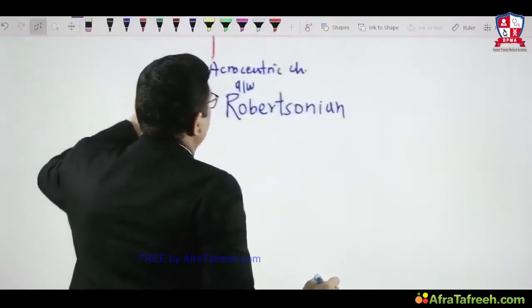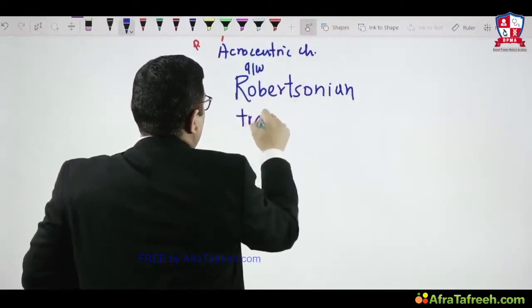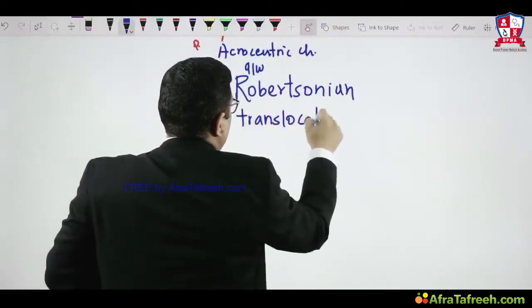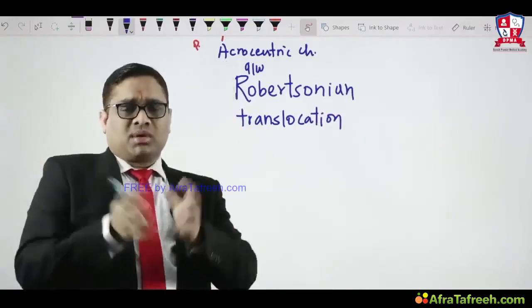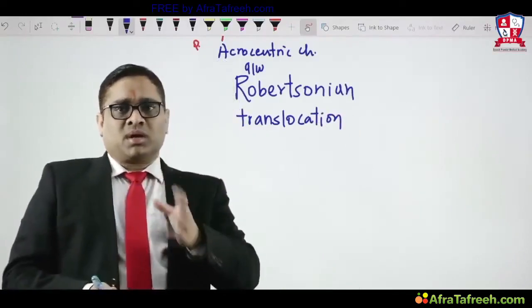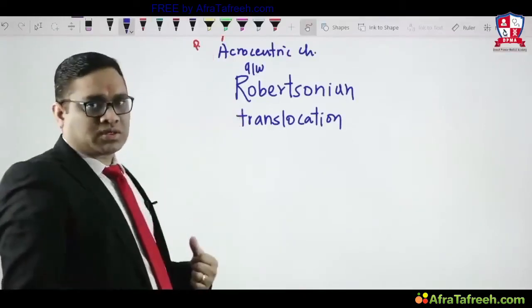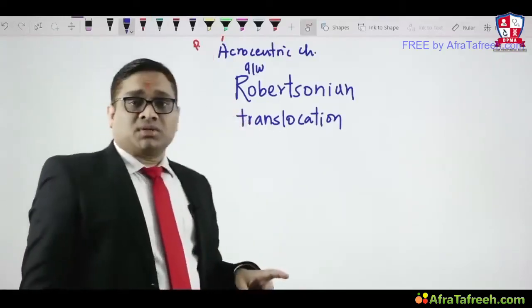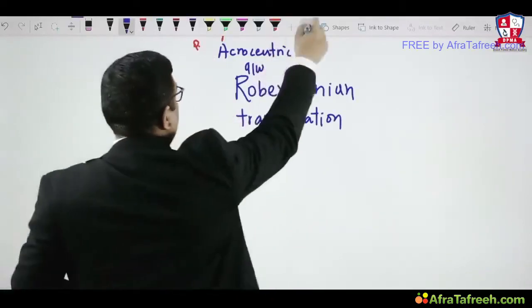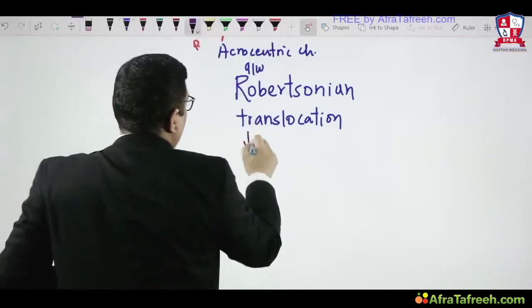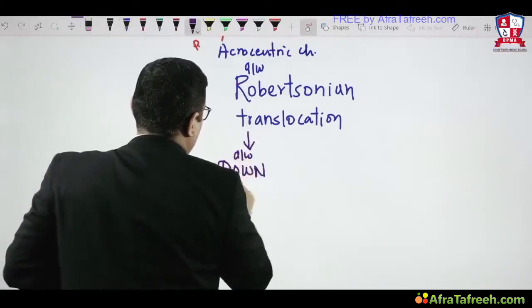This is an associative mnemonic where we associate multiple things to remember one certain point, right? So acrocentric chromosomes are seen in Robertsonian translocation, and Robertsonian translocation is associated with the pathogenesis of Down syndrome.